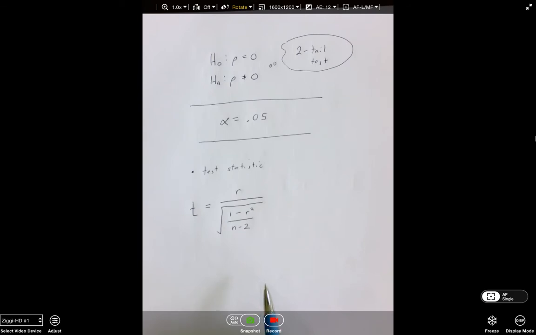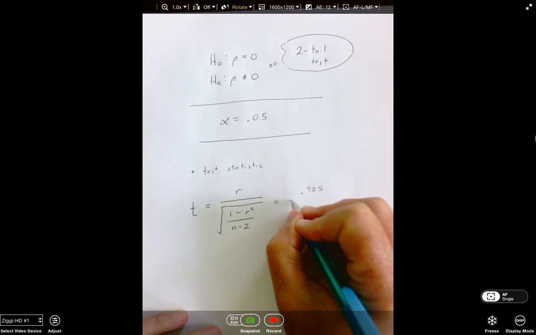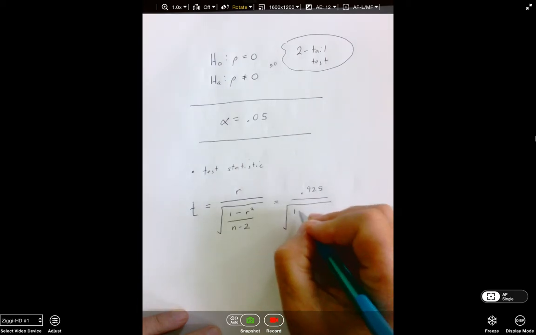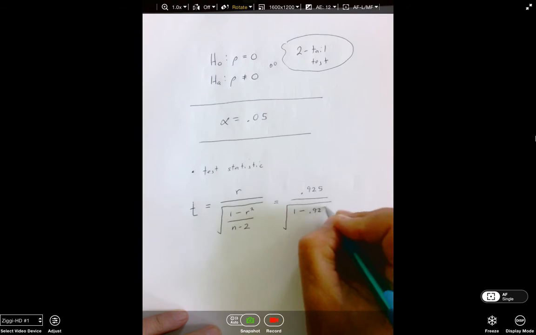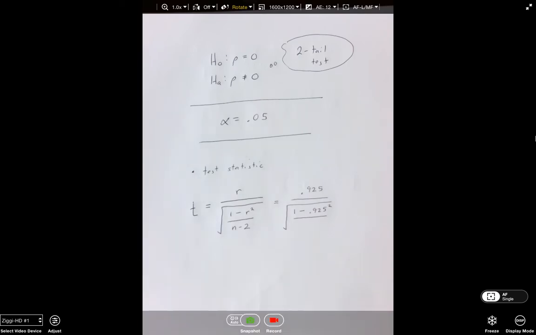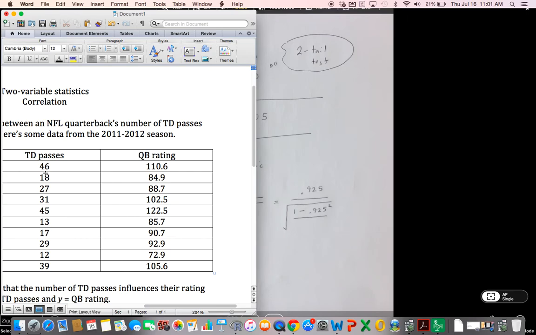All right, so our R value was, trying to look back and see what it was, okay, 0.925. So we need 0.925, the square root of 1 minus 0.925 squared over n minus 2. Now guys, if we go back to our data set, we can see that we have 1, 2, 3, 4, 5, 6, 7, 8, 9, 10 quarterbacks.